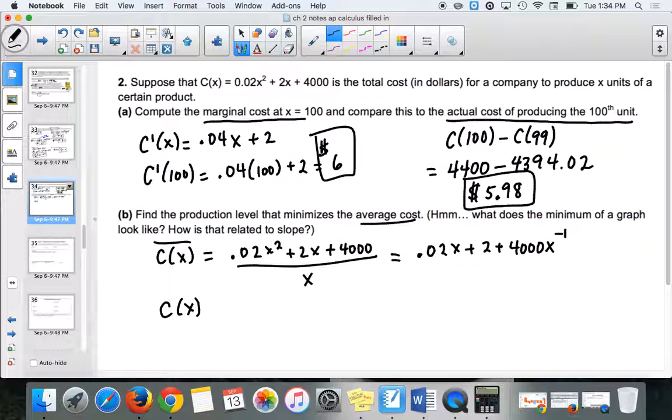So C bar prime, isn't it fun saying all these math things? C bar prime is going to be 0.02 minus 4,000x to the negative 2. And we said we wanted when our slope is equal to 0. So we're going to set that equal to 0.